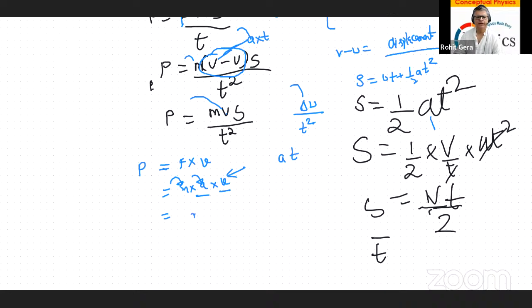Mass into a into t. This is force, this is v is equal to u plus at, तो m a square t आ गया.